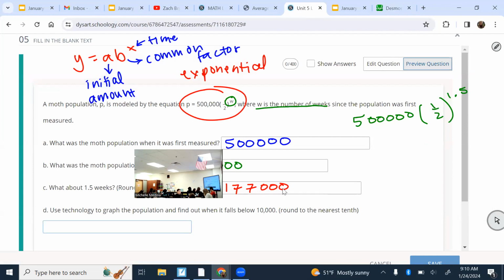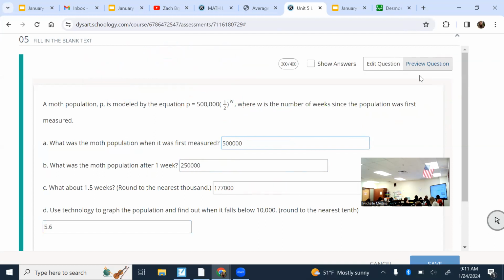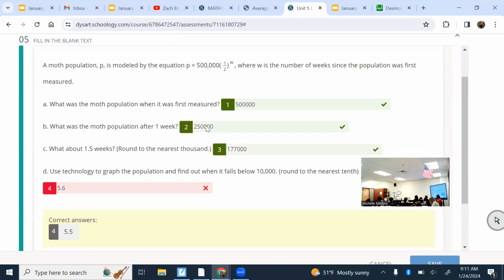It says rounded to the nearest 10th, so the 10th would be about 5.6. Let me type in all my answers and see if I'm right. Okay, it looks like it's not wanting my last answer, which they said is 5.5.